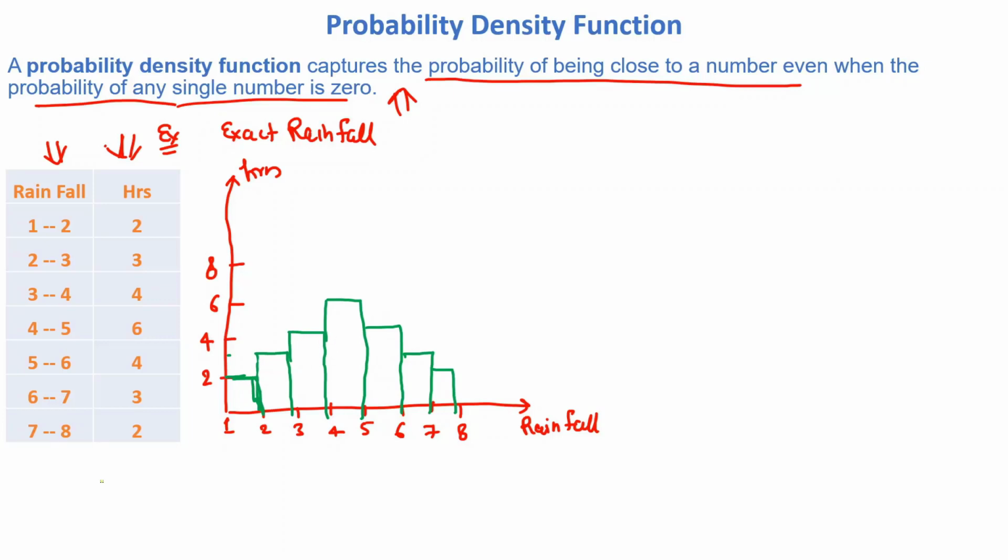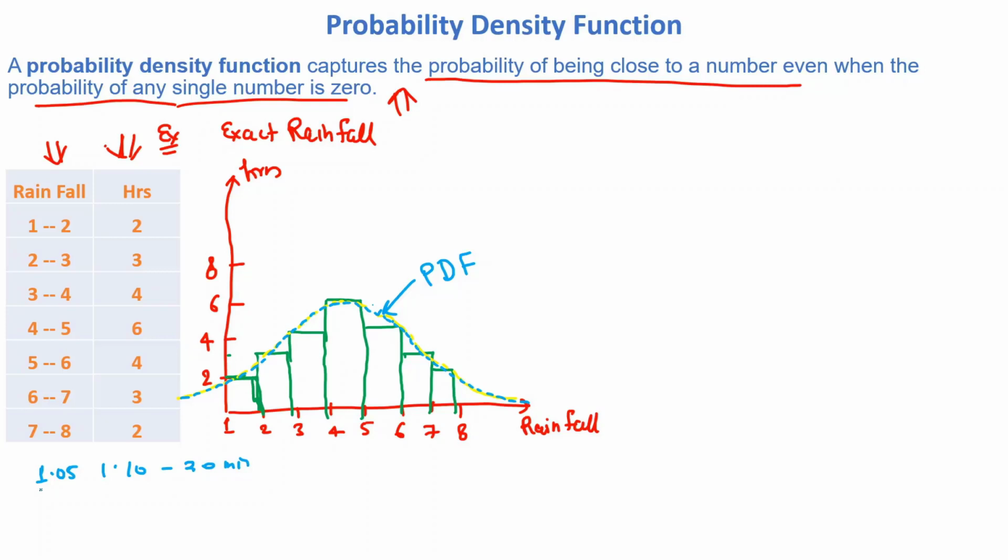Now if we draw a graph like this, this particular line is called a probability density function line. So how do we draw the line? The question arises. If you have a very large data set, currently you have 1 to 2 inch, and if we segregate this further, like 1.05 to 1.1, you have around 20 minutes.